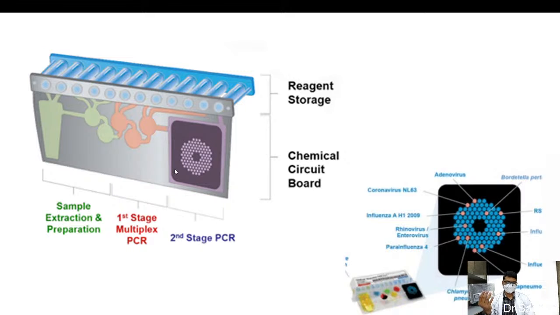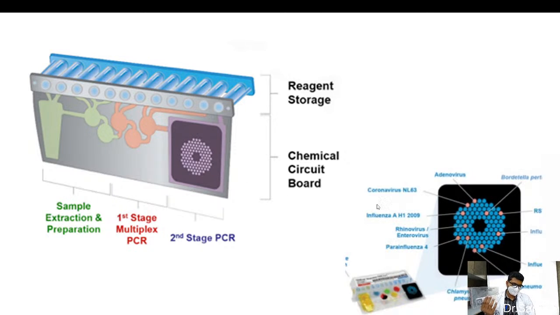Here in this second stage, there are many panels. Each panel has a different system. For example, there is a respiratory panel, gastrointestinal panel, or meningitis panel, where we have a list of all the organisms, let it be bacteria or virus or any other organisms that can cause infection. For example, if you take the respiratory panel, all the organisms that cause respiratory infections are included in the panel.